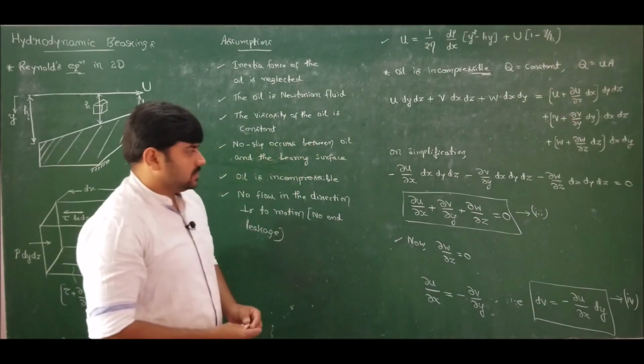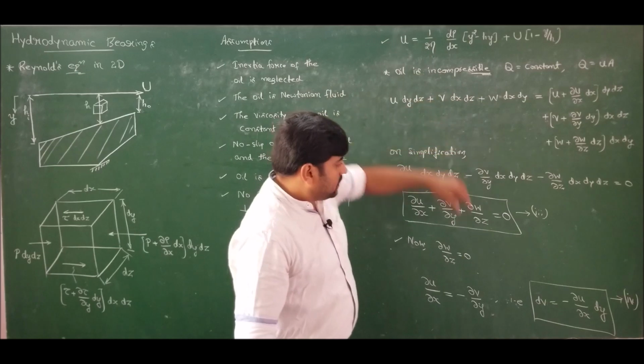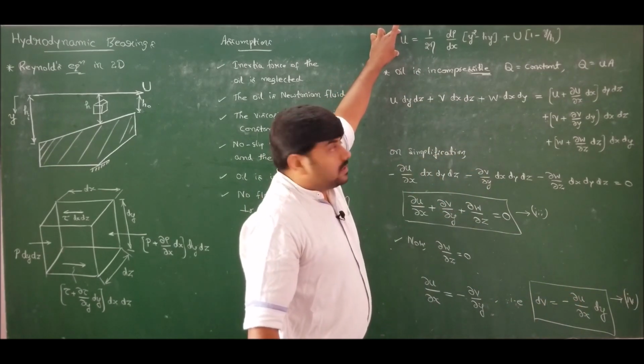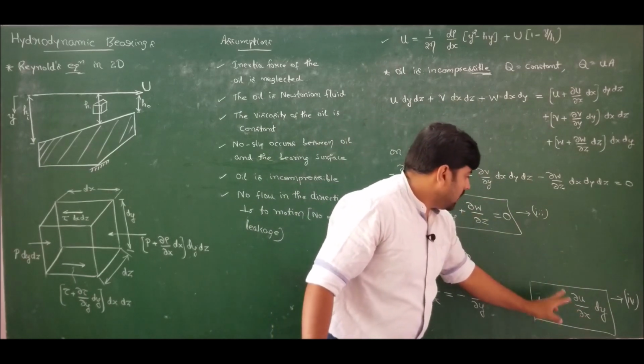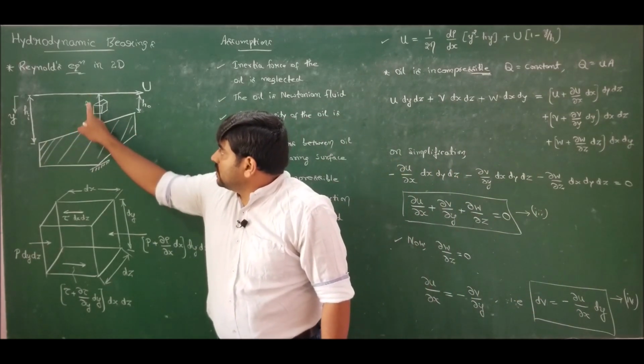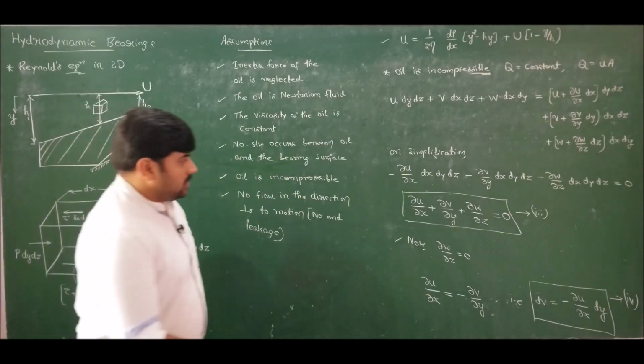Let us integrate equation number 4 by substituting u. What is the value of u? Velocity at any point is nothing but this one, right? So put this u here and integrate over the length, y varies from 0 to h.